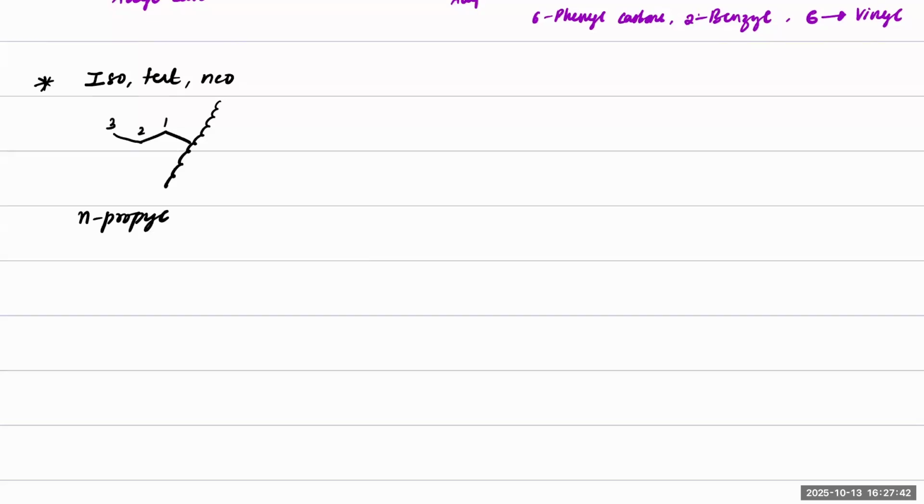Suppose there is a main chain here, and this methyl is taken and put at this position, then it will be read as iso. Now this will become isopropyl.